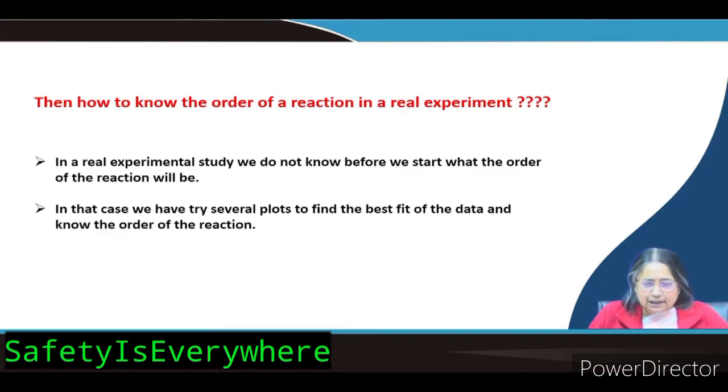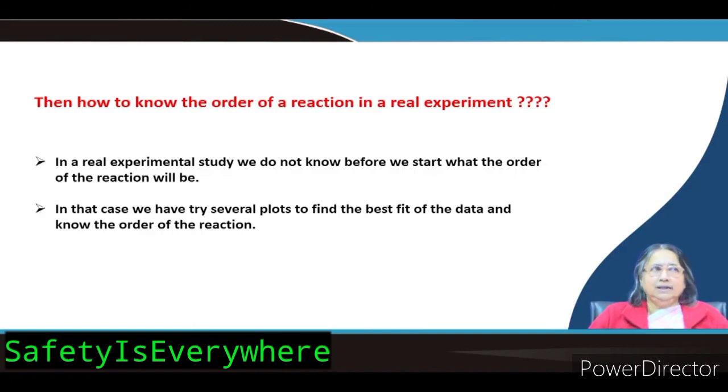Before we start a real experimental study, we do not know what the order of the reaction will be, and we cannot speculate either. So, how will we determine the order? In that case we have to collect the experimental data and observations.